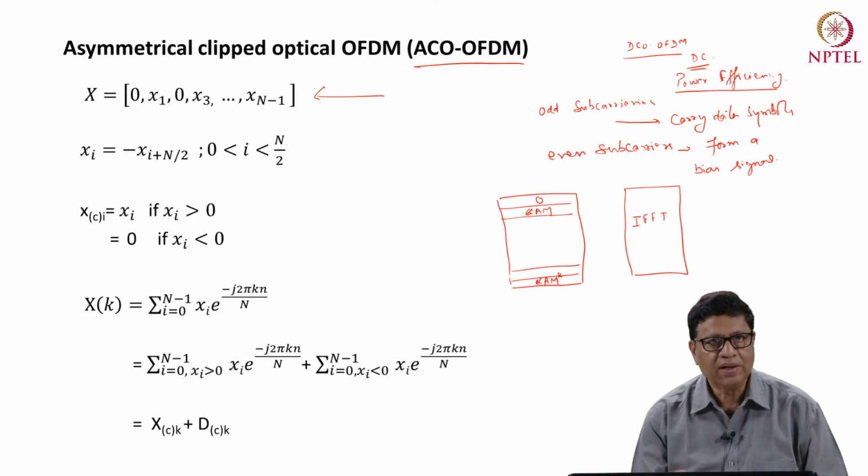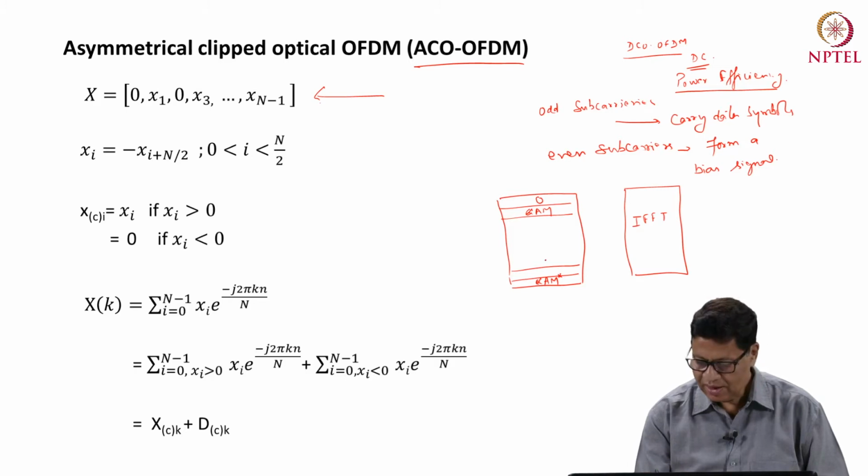You want to make the complex signal real, and this is 0, and so on and so forth.